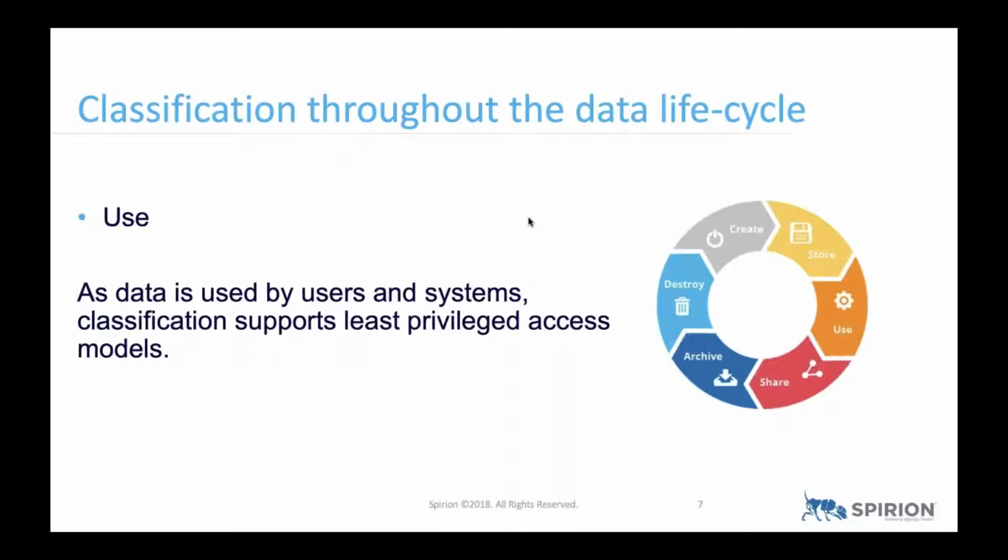When that data is being used, we want to make sure the right people are using it. We want to make sure it is moving in the right locations. It can't go to the wrong locations. It's not accidentally shared with the right or wrong people, I apologize, internally or externally. It's at the usage stage where these things happen. And again, why sometimes data needs to be updated with its classifications throughout.